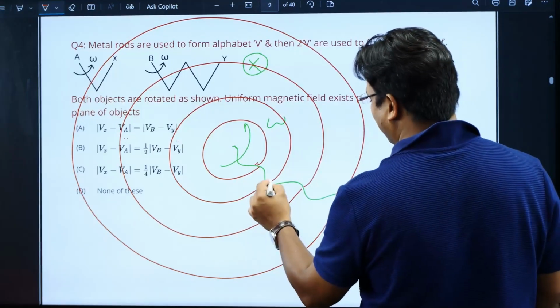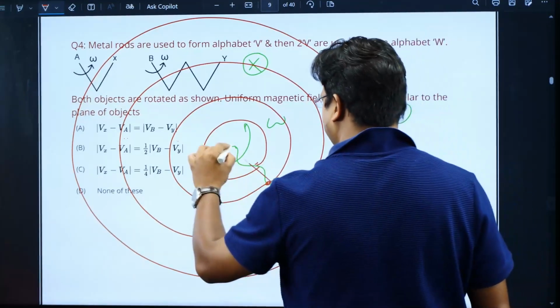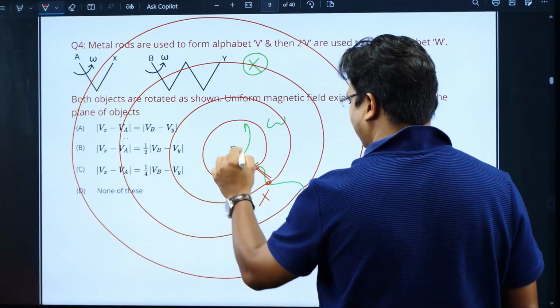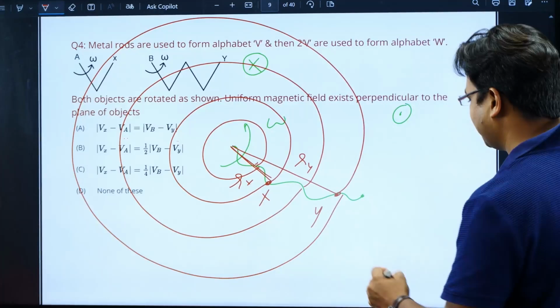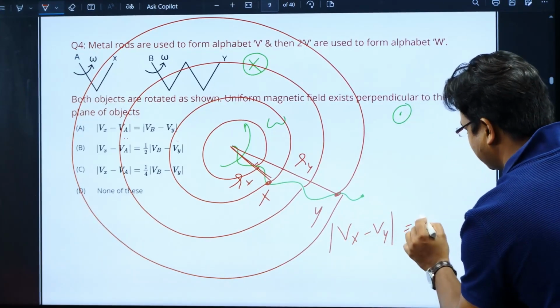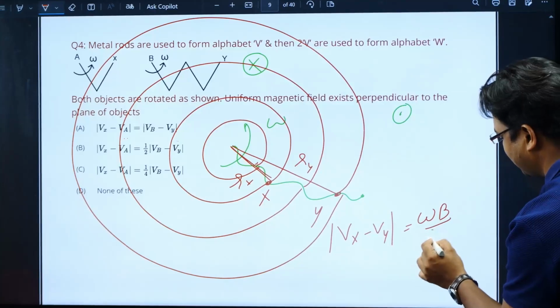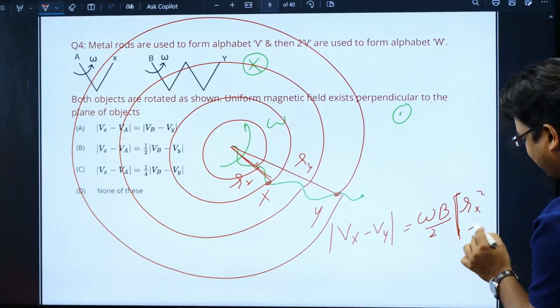So the potential difference between any two chosen points will depend on the radii of the circles on which these points are moving. How do we write the potential difference? The magnitude of the potential difference is written as omega B by 2 times the modulus of rx square minus ry square.